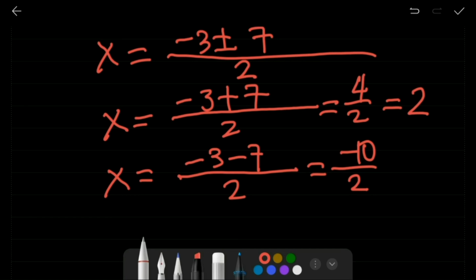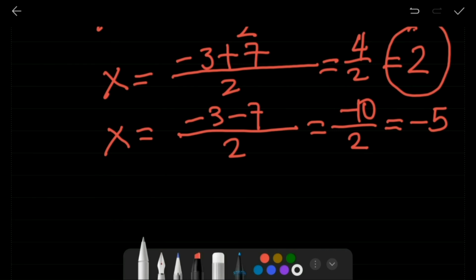And negative 10 divided by 2 is negative 5. Then we will choose here the positive sign. So our answer here is positive 2, because we cannot use negative 5 for a measurement.